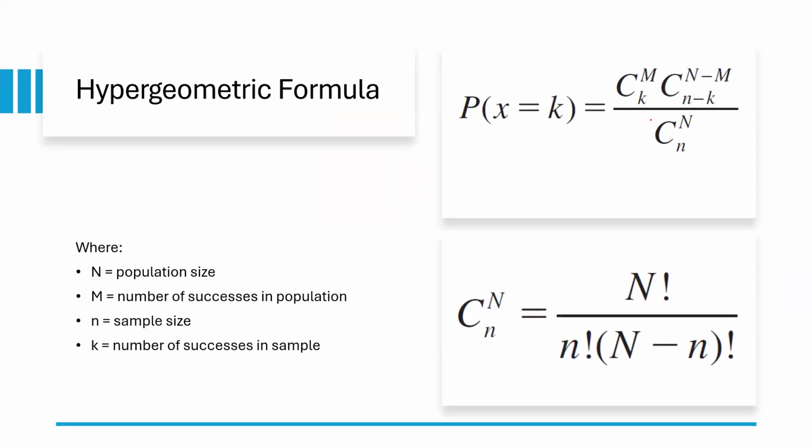It's going to be capital M choose K times capital N minus capital M choose lowercase n minus k, all divided by capital N choose lowercase n. Each component of the formula reflects a part of the sampling process.